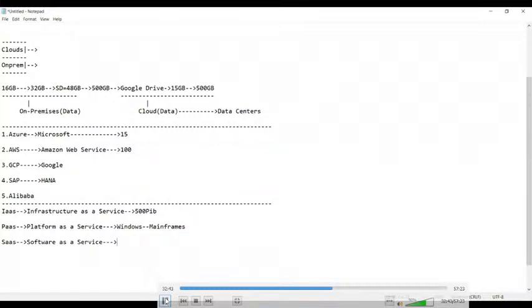Suppose you require some software to work in your environment, such as some applications. Whenever you require an application on your mobile phone, what do we do, guys? Tell me now. We go to the application store and download it.